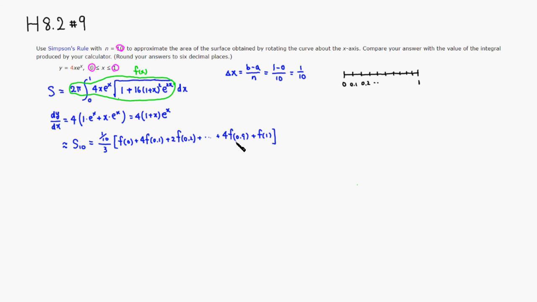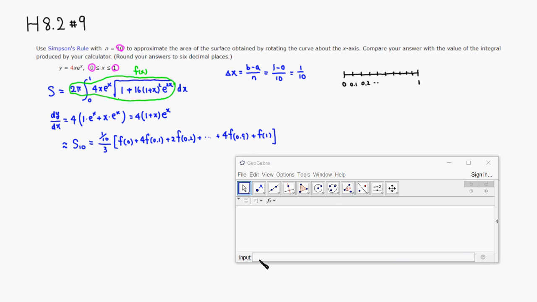Let's compute this value using GeoGebra. First I have to define a function.